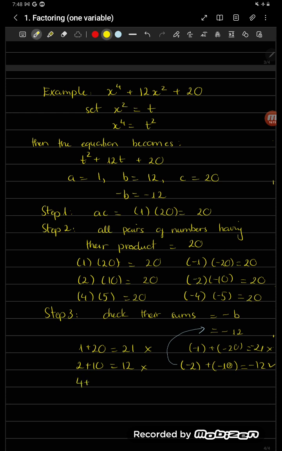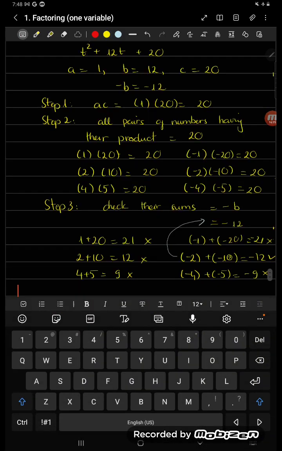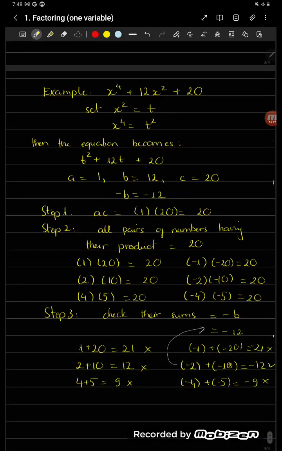So now 4 plus 5 equal to 9. No. Negative 4 plus negative 5 equal to negative 9. Also no. So we check 6 pairs and only one pair works. It is negative 2 and negative 10 here. So now we go to step 4. So we write it as, here we don't have an x, sorry, because we already changed the variable as t.